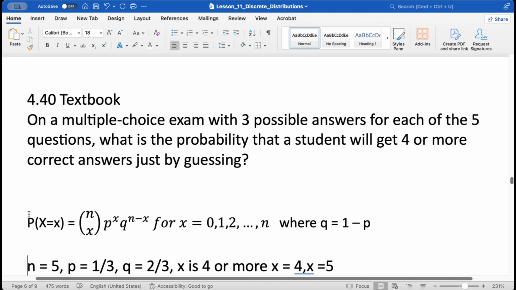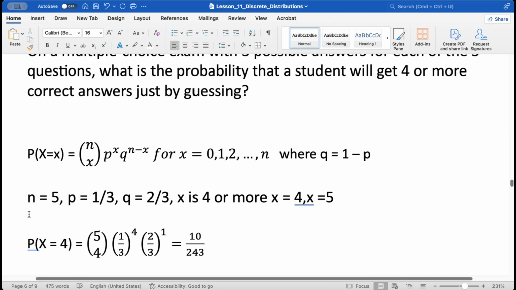So n is 5 trials, 5 questions. The probability of success is 1 out of 3. There are 3 possible answers, we're guessing, and one of them is correct. So that's 1/3. Q is the opposite, the probability of failure, of getting it wrong, 2/3. And X is the number of successes. We have to do 2 cases here, 4 or 5, so we do the formula twice.